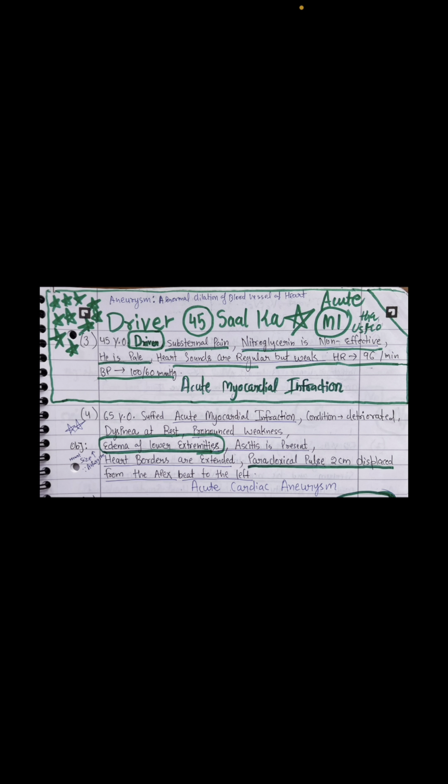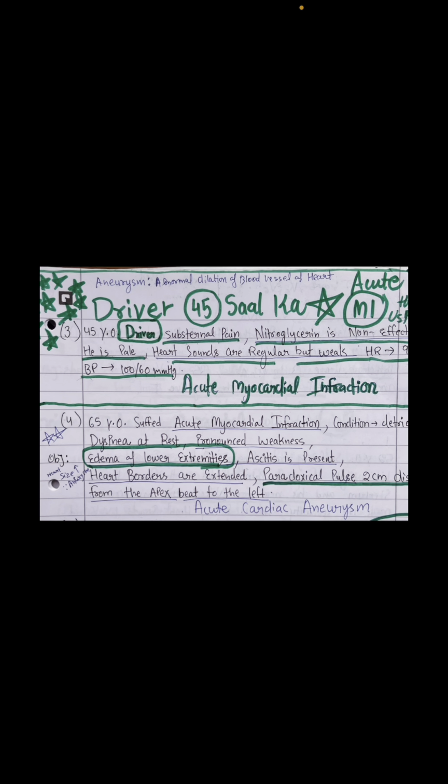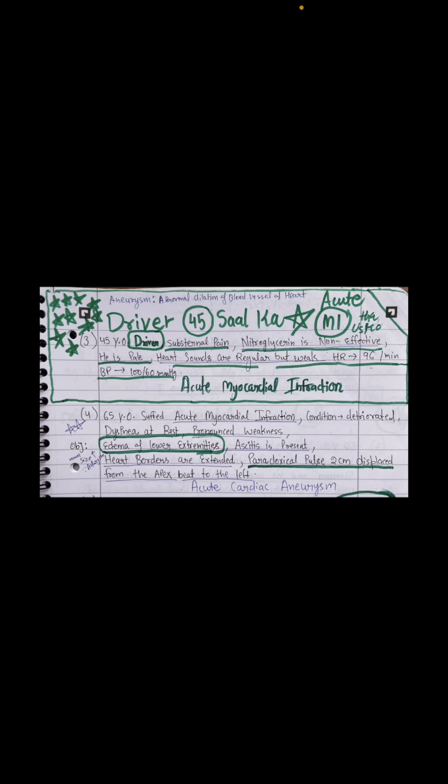Heart sounds are regular but weak because there is no effective supply of the myocardium. Heart rate is 96 because the heart is trying to compensate. BP is low because even if the heart is trying to compensate, there is not enough blood supply to the heart itself. So this is the case of myocardial infarction. Remember, there was a 45-year-old driver who had acute MI.